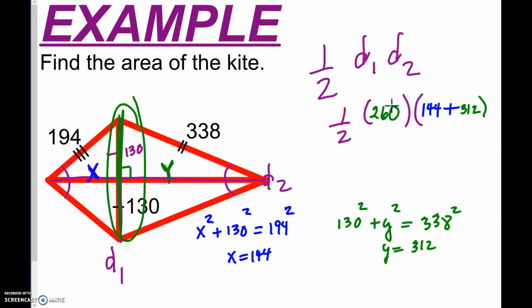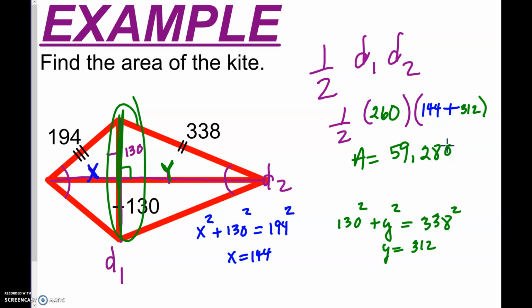I almost did that wrong. So 1/2 times 260 times, and then add those two together, and I got my area to be 59,280.